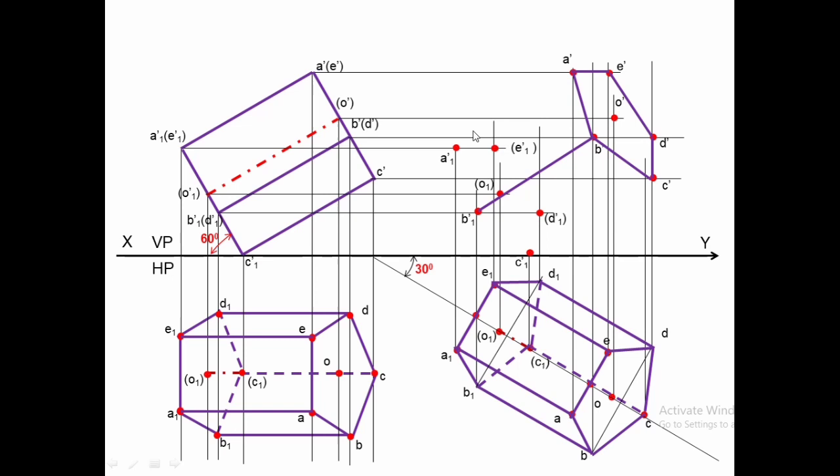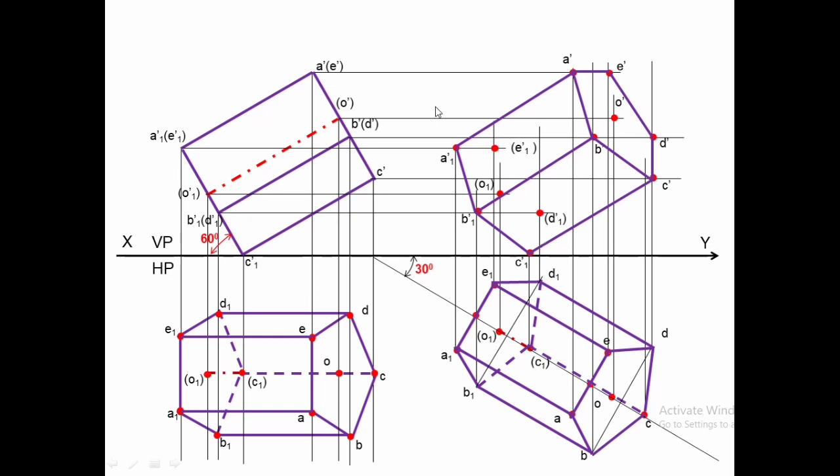Mark the boundaries. This is the boundary line. This is the boundary one. Like this. You got the boundary. The remaining edges, like C1D1, D1E1, E1A1, are coming inside the boundary line. Therefore, they cannot be seen. They are not visible. They are behind.